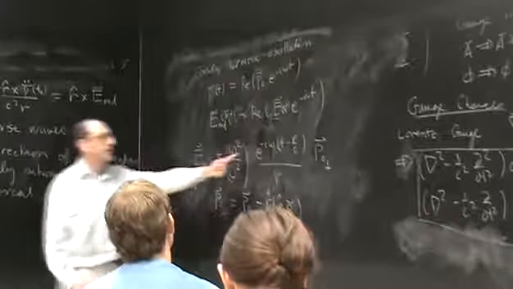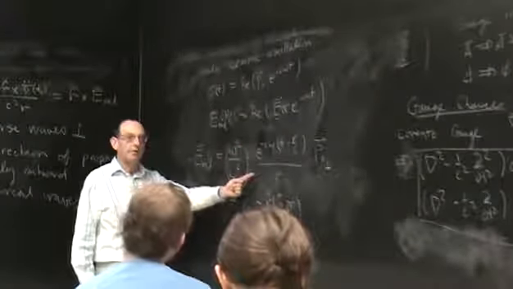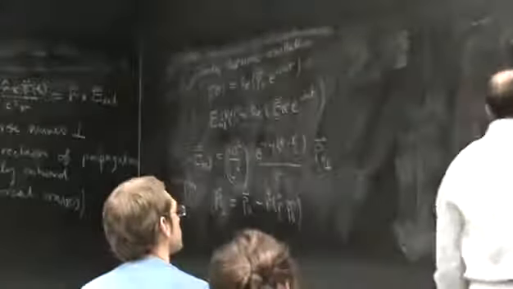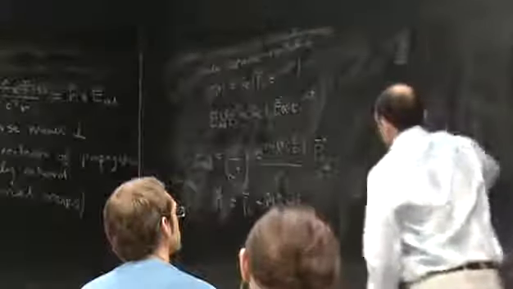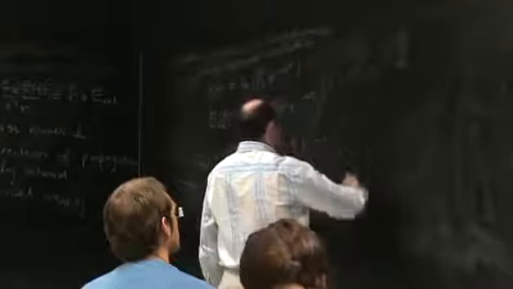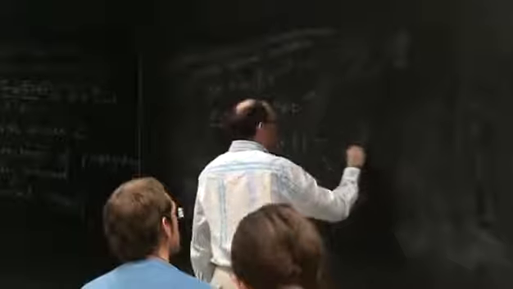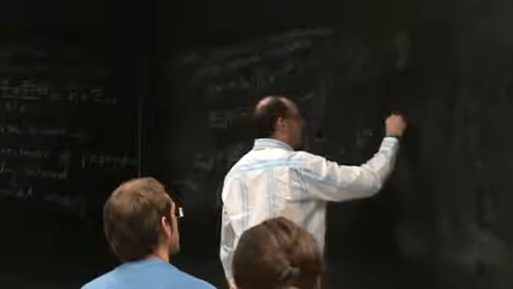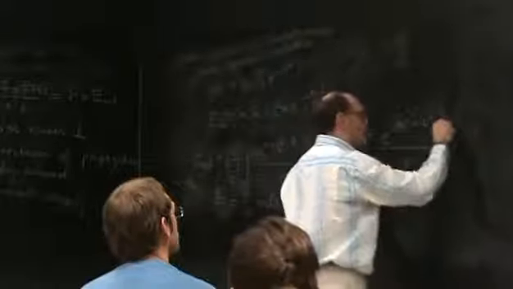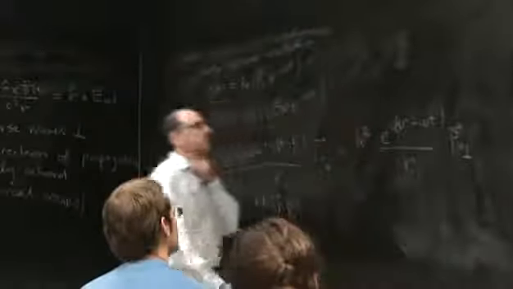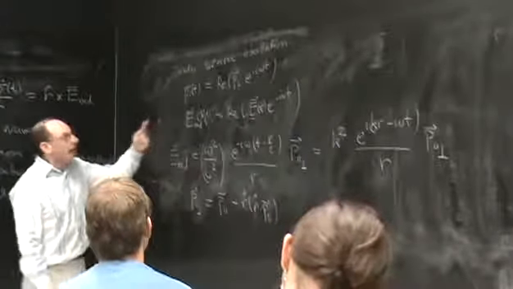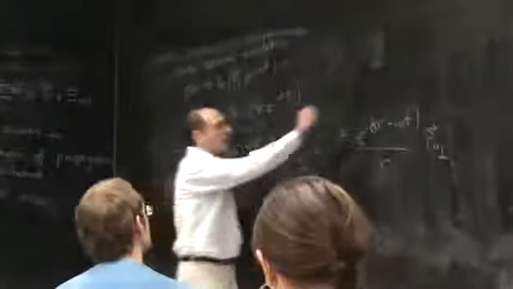What is this? It's a spherical wave. This is equal to k squared times e to the i(kr minus omega t) over r times P naught perp. So the electric field radiated by this oscillating dipole is a spherical wave.